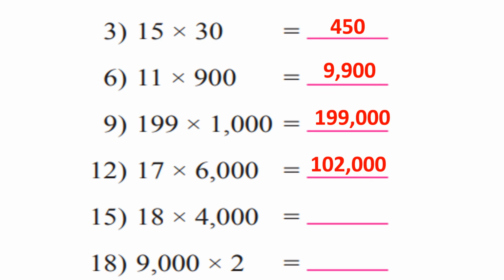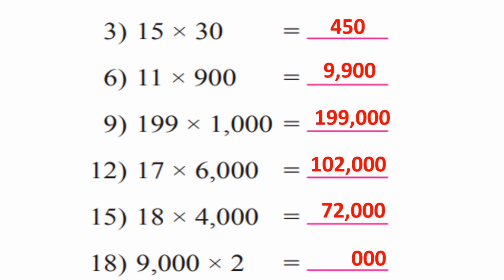Next is number 15. 18 times 4,000. 4,000, 3 zeros, you write here first. 3 zeros. 4 times 18 is 72. The answer is 72,000. Next is number 18, or the last. 9,000 times 2. 9,000, you write here 3 zeros, you write here first.